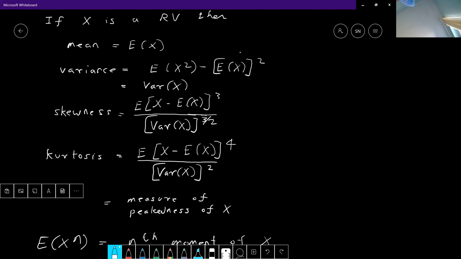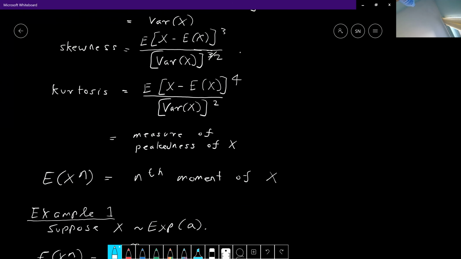And the kurtosis is a measure of peakedness of X. So the larger the value of kurtosis, the more peaked the distribution is. Another thing is the nth moment, which I talked about in this course too. When n is 1, you get the mean. When n is 2, you can use it for the variance. When n is 3, you can use it for the skewness, and so on.